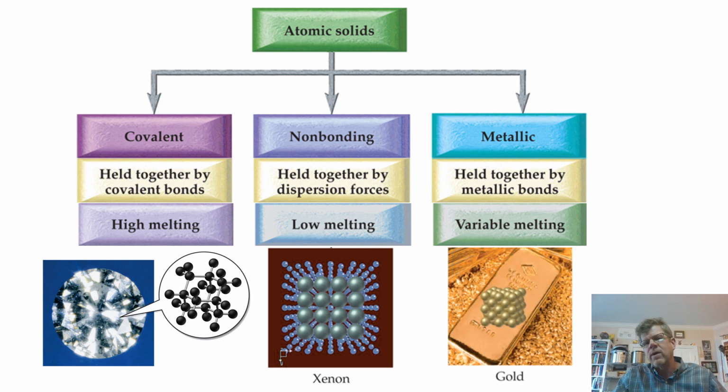So we can put gold in there, we can put tungsten, we could put mercury. They're all considered metals, but we really can't define them based upon their melting point, because that melting point is all over the map. So let's shift gears here and move from solids back to liquids.